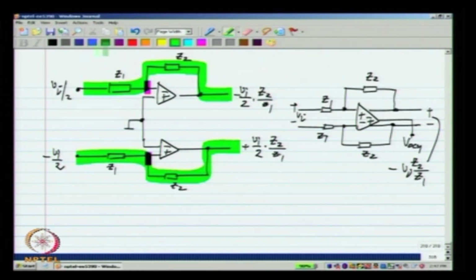This means that the two output voltages will be VOCM plus Vi times Z2 by Z1 by 2 and VOCM minus Vi times Z2 by Z1 divided by 2. Okay. So, this is quite easy to do for any circuit in which the op amp has one terminal to ground. Okay. If the op amp does not have either terminal at ground, you cannot do this, but usually we can make all the circuits that we want with circuits of this type. So, we will not worry too much about that.